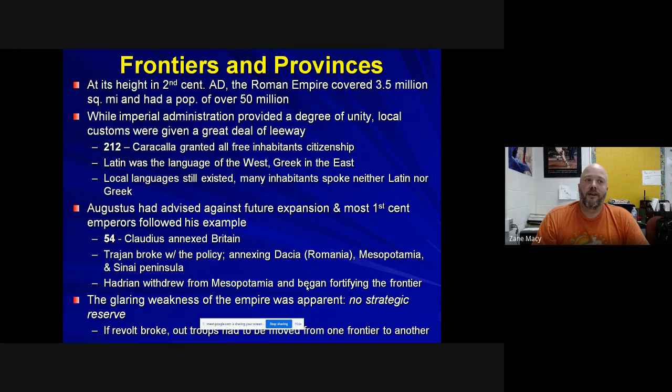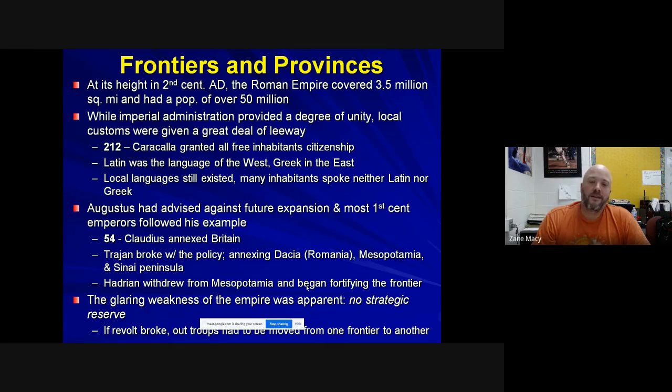In the Republican era, citizenship was granted to an individual, to a family, as repayment for deeds or duties carried out for the Republic.